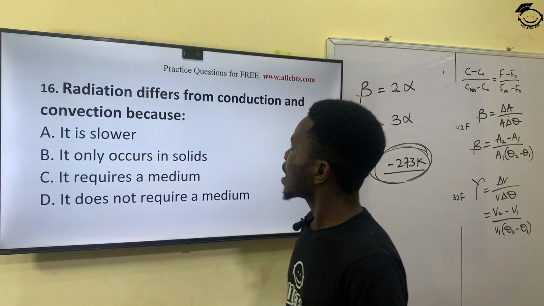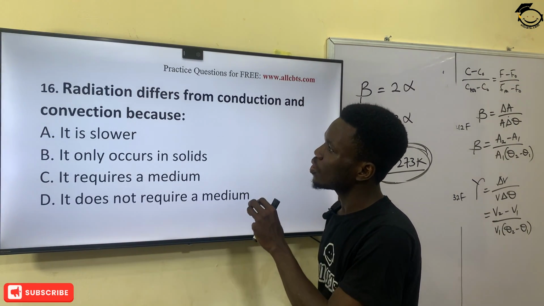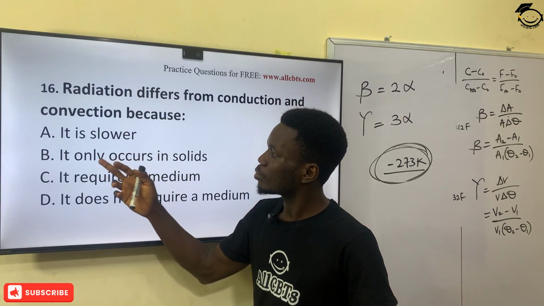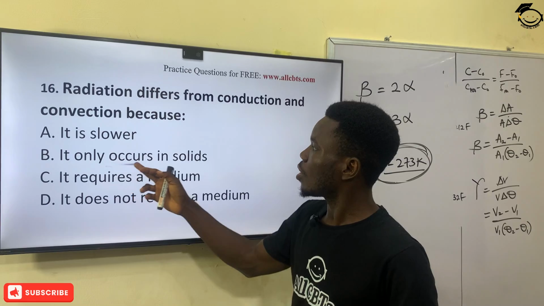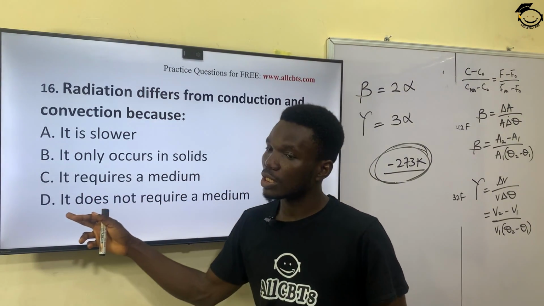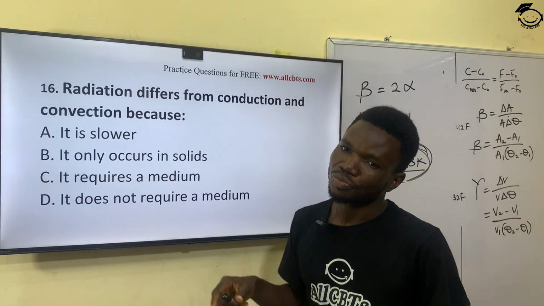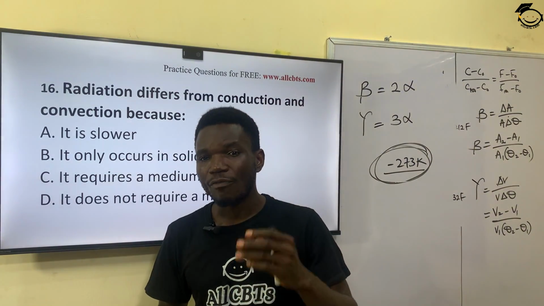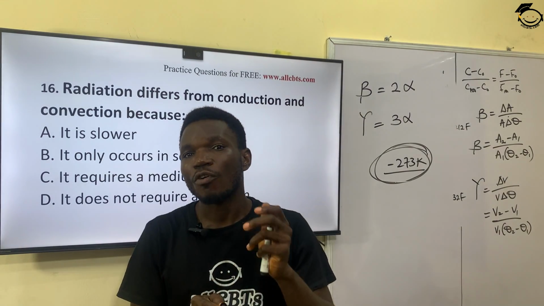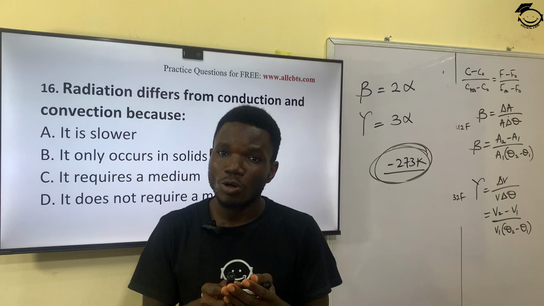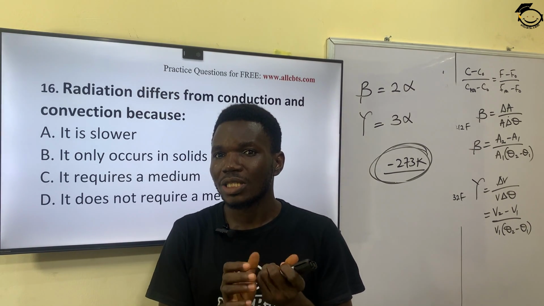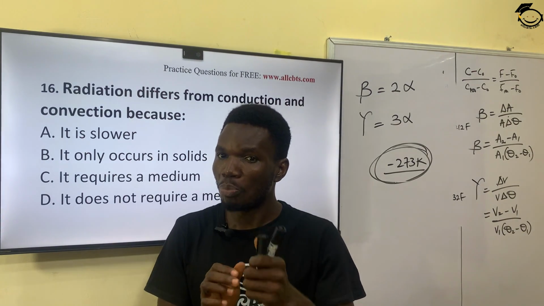It says, radiation differs from conduction and convection because option A says it is slower, option B says it only occurs in solids, option C says it requires a medium, and option D says it does not require a medium. We explained earlier that for conduction to occur, the substances have to be in contact, and for convection to occur, it has to be between particles of fluid, and those particles are constantly in motion, so they have what is called bulk movement.